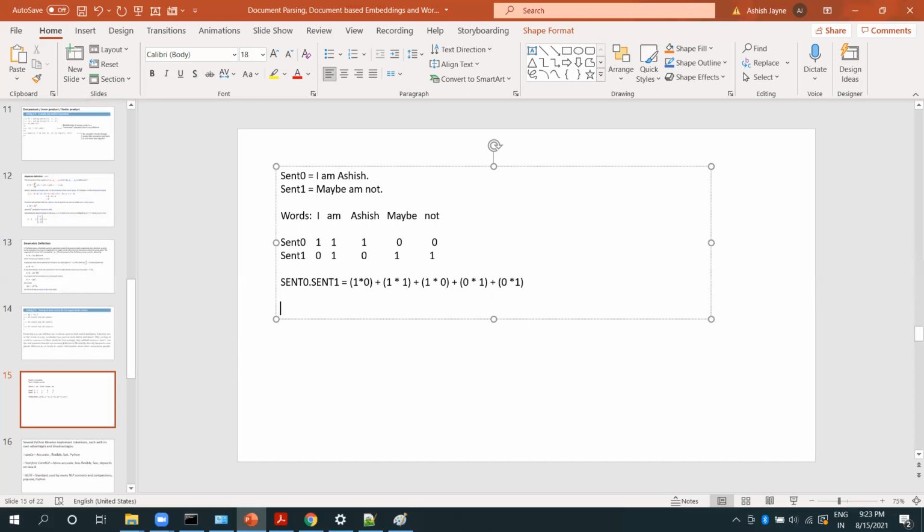This gives you essentially 1, because the rest are zeros and 1 times 1 is 1. So the number of common words in these two sentences is 1. An application of dot product.